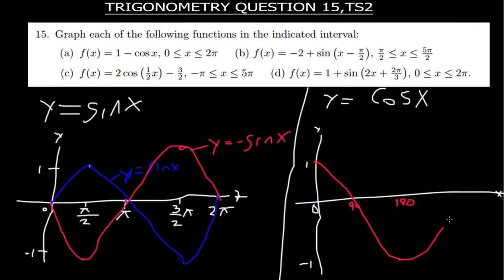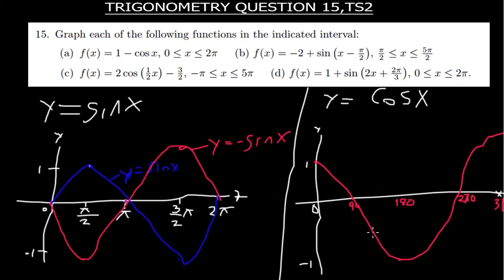Then to go back there, this is how it goes. This is a cosine graph. So this would be 2 pi, which is 360. Oh sorry, this will be 270 there, and then it goes on up to 360 that side.